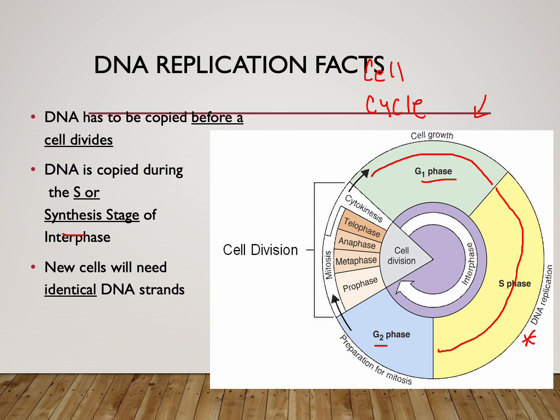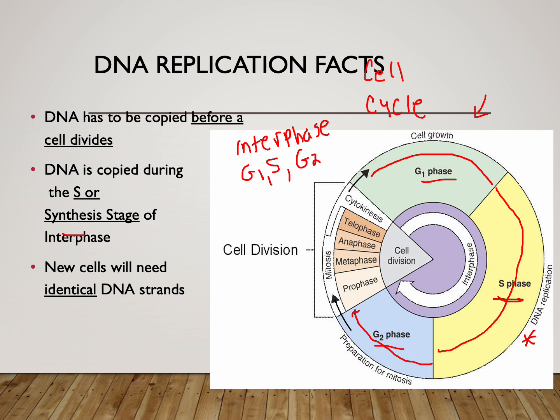And then we have our G2 phase, which is more growth, and then it's preparing for mitosis. So G1, S, and G2, those are known as the interphase. Interphase again is G1, S, and G2. This is where growth, DNA replication, and growth and preparing for mitosis occurs. For now, we're focusing on the S phase or synthesis phase where the DNA is replicated.